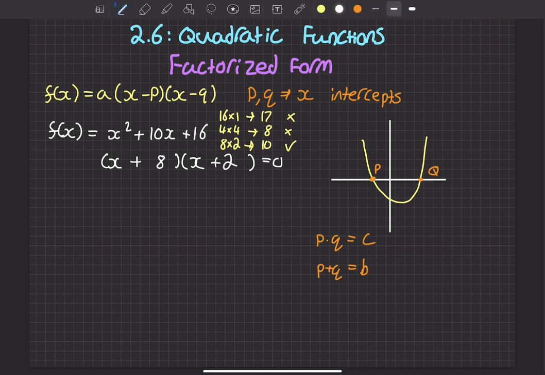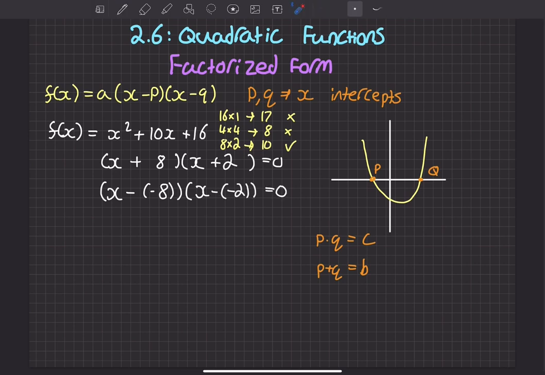So as we said, now we have it in the form (x plus 8)(x plus 2), right? But we want it in the form (x minus p)(x minus q). So how can we put it like this? Well, you can just rewrite it as (x minus negative 8) times (x minus negative 2), right?